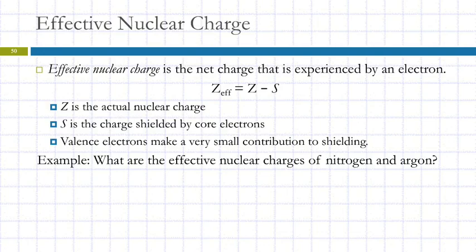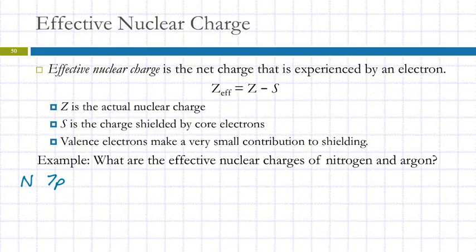So let's look at nitrogen and argon and compare their effective nuclear charges. For nitrogen, how many protons are in the nucleus? 7, right? It's element number 7. We've got 7 protons.